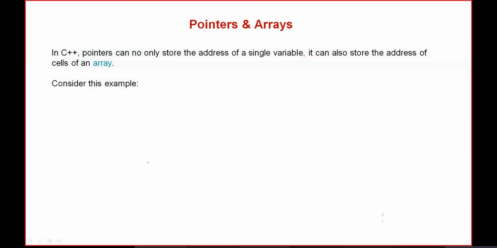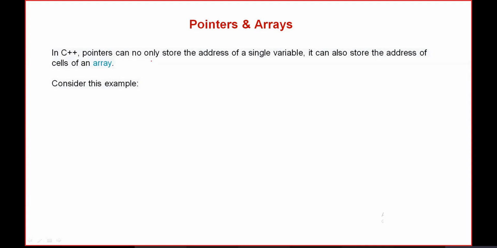Now, pointers and arrays are used in combination, and it is perhaps a very interesting concept when we refer to the pointers topic. Pointers usually we use to store a single address, right?